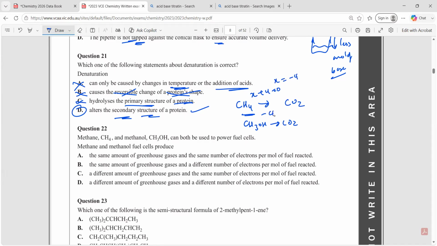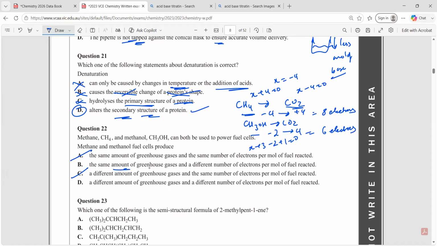So we're going from -4 to +4, right? Because carbon dioxide's +4. So X minus 4 equals 0. So we're losing 8 electrons in this process. Here, it's X plus 3 minus 2 plus 1 equals 0. So that's -2. So we're losing 6 electrons. So therefore, it's a different number.